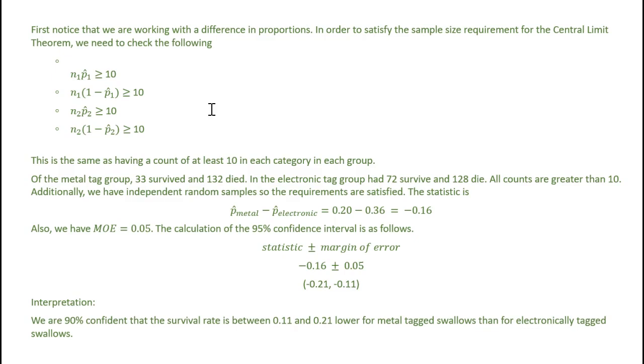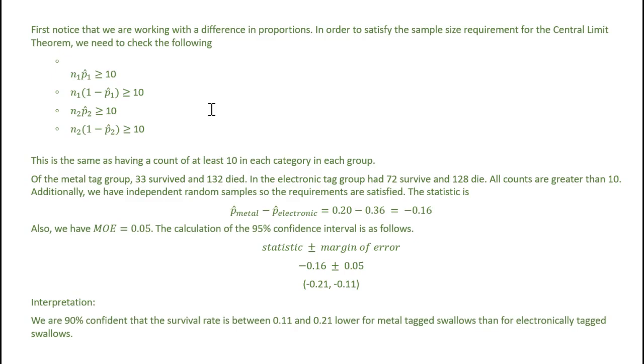So to calculate our 90% confidence interval, we have the following. We're going to take our statistic plus or minus our margin of error, which gives negative 0.16 plus or minus 0.05, resulting in the interval negative 0.21 to negative 0.11.